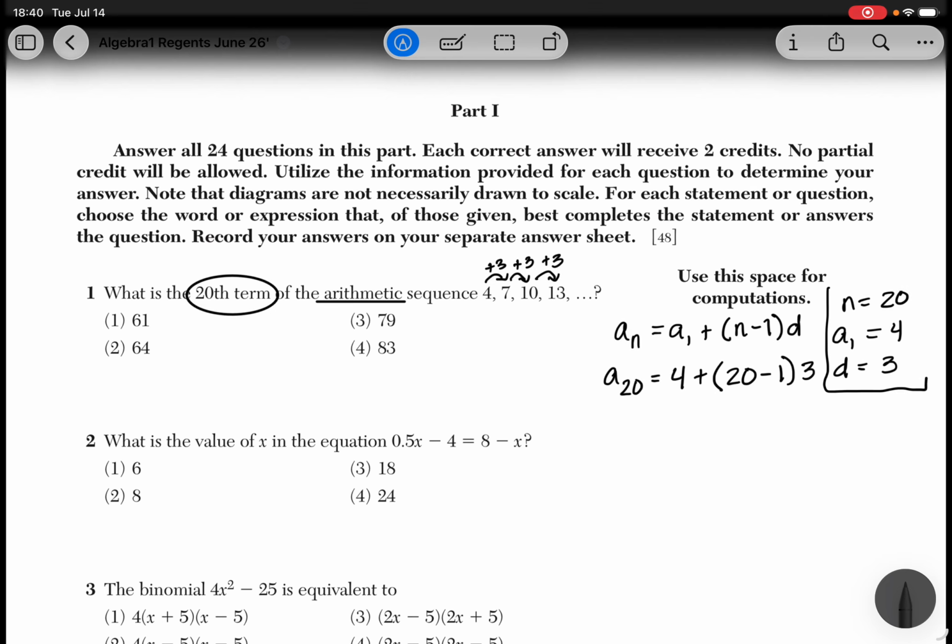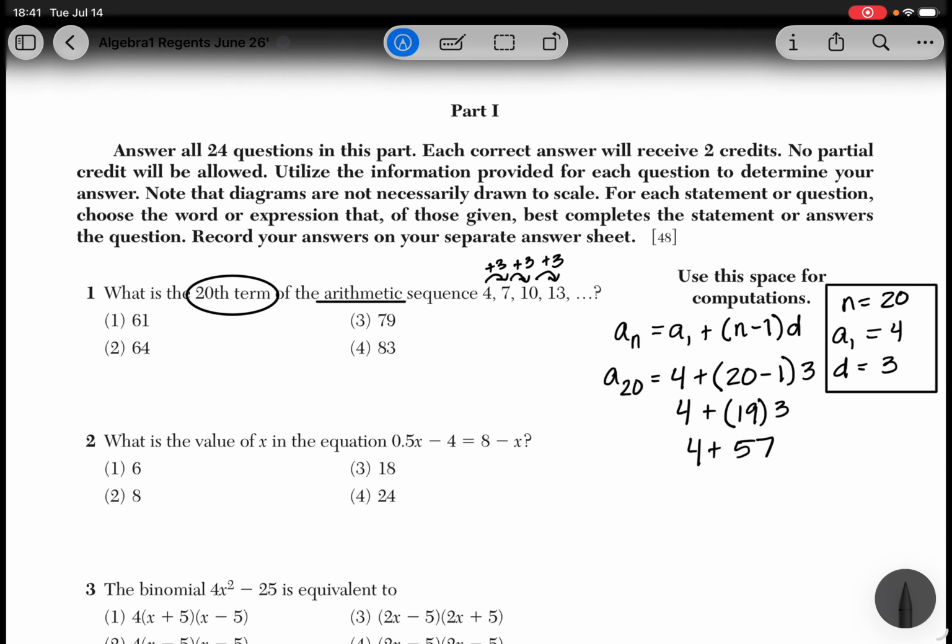Once we do that, all we have to do, you can put this into your calculator and simplify, or we can simplify it together. For the sake of time, I lied. For the sake of being mathematicians, we're going to solve it together. So 4 plus 20 minus 1, so 19, times 3. 19 times 3 simplifies to 57. So now we have 4 plus 57.